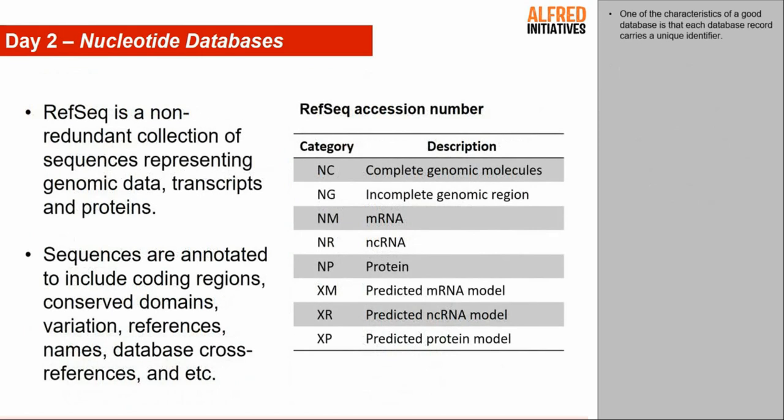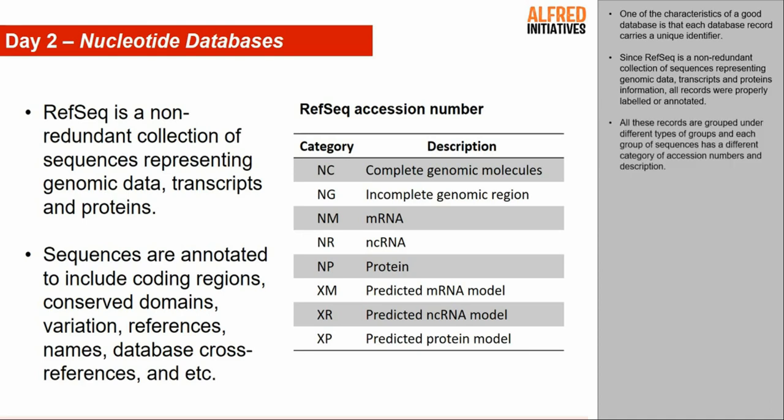One of the characteristics of a good database is that each database record carries a unique identifier. Since RefSeq is a non-redundant collection of sequences representing genomic data, transcripts, and protein information, all records are properly labeled or annotated.